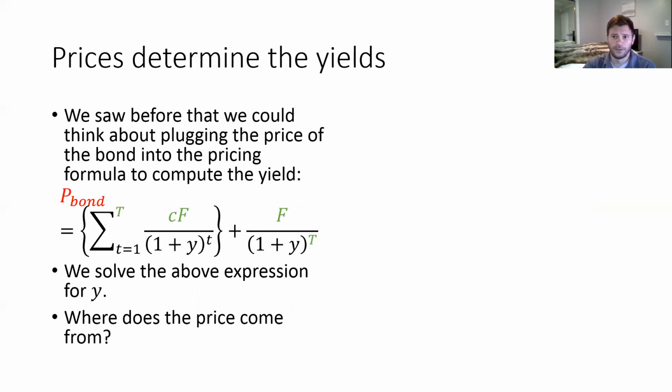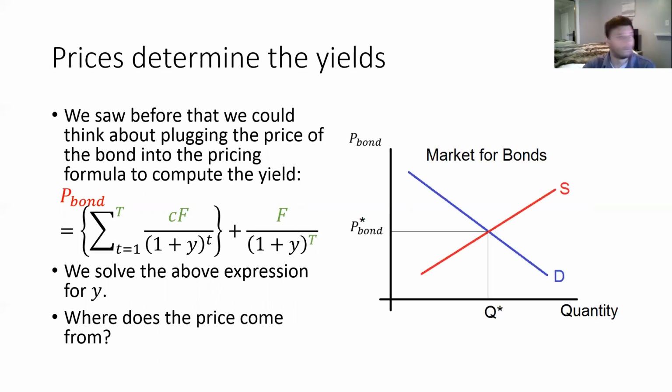Where does any price come from? Well, it comes from a market. There's some market for the particular bond that you're interested in, a 5% coupon bond that matures in 3 periods. There's a market for that bond.